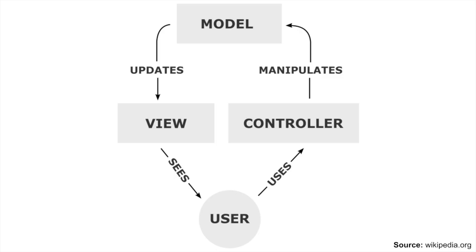And then the model is sent on to the view. So actually the view is updated with the information contained in the model. And this view is then sent off to the user. In general, it will be HTML. But like I said, it could be JSON or XML too, as we'll see.